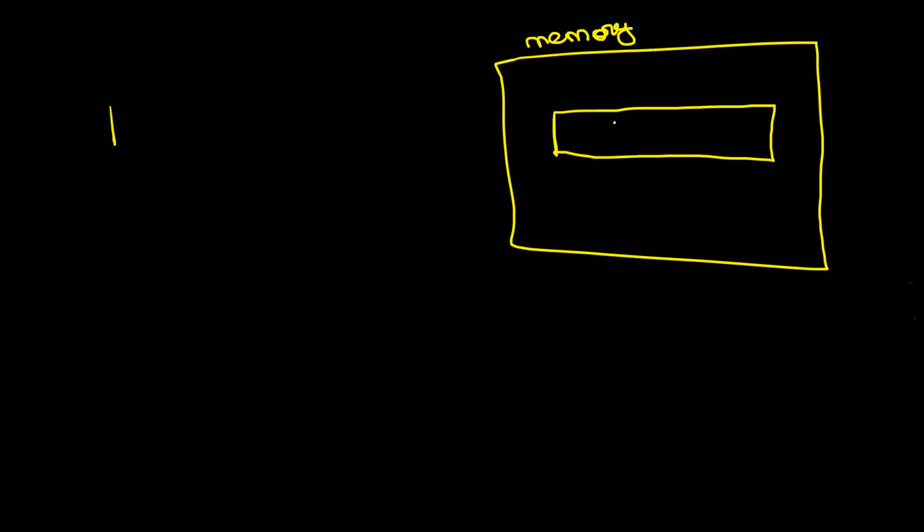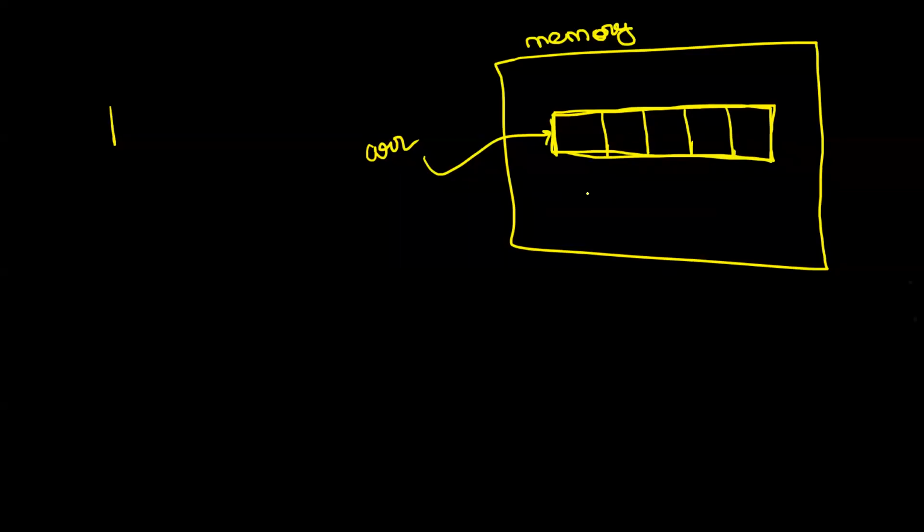So how much space will be reserved? 5 into 4, that is 20 bytes. 20 bytes of memory will be reserved for you, and then the compiler will tell you, this is the array. Let us say I call my array ARR. So this array will be reserved in memory, and I will get access to this array.